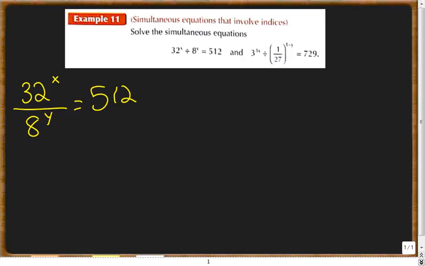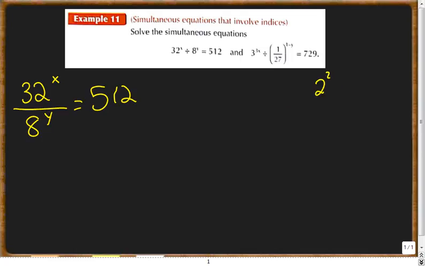Normally you look at your smallest one. The problem is 8 squared is 64, which is too big for 32, so we have to look at another base. You might be thinking 4, but that doesn't work because 4 squared is 16, times 4 is 64. We would have to go to 2.